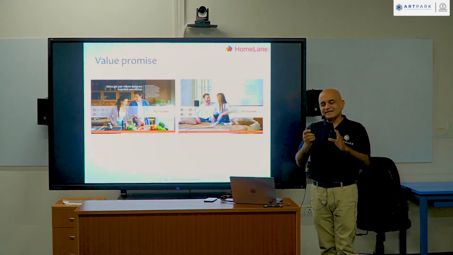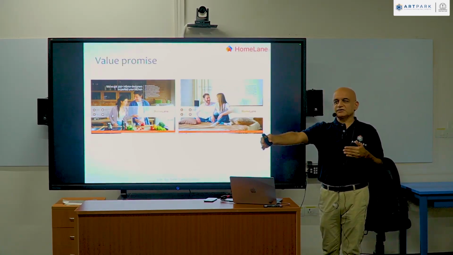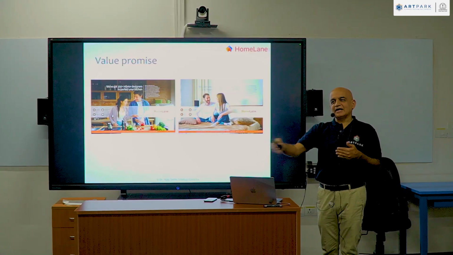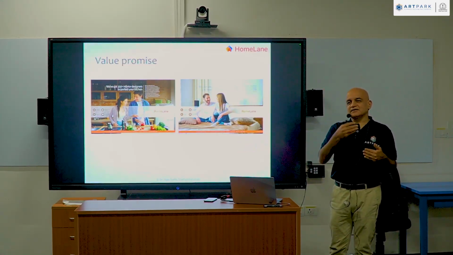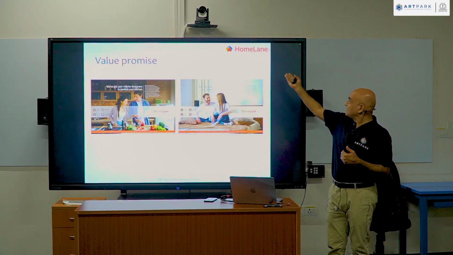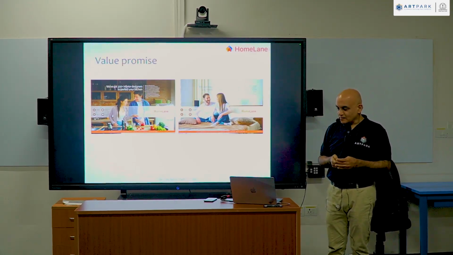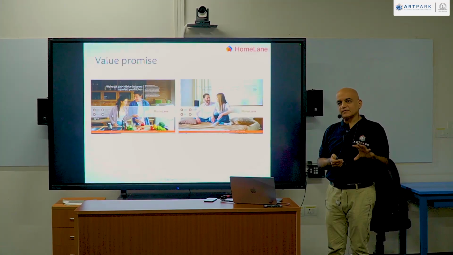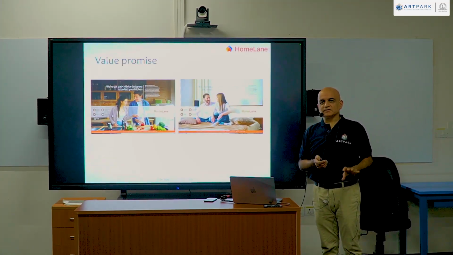On the other side, it is the duration of the promise. 5 years is too long. I don't know if 5 years down the road I will have the energy or the patience to go back and ask HomeLane to refund my money. So the problem is these promises are not measurable and verifiable by the user themselves.